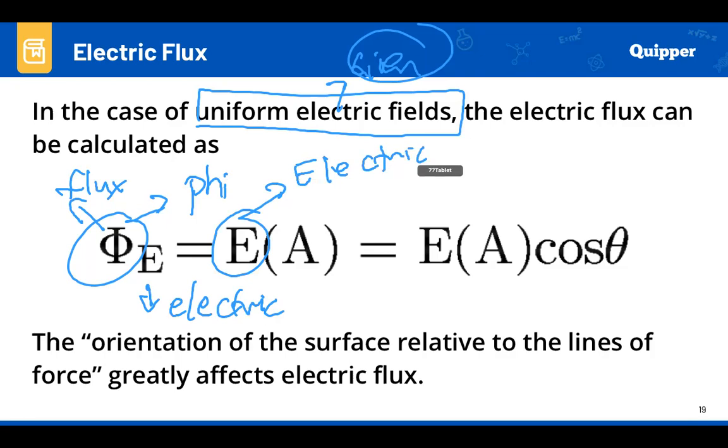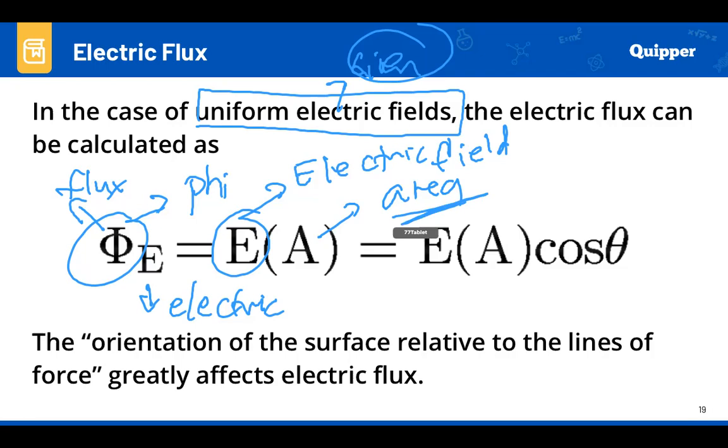Electric field, and then A, this will be the area. This is the area, right? This is the area of the plate. So, since we have an arbitrary thing, we need to know the area of the plate. Okay?